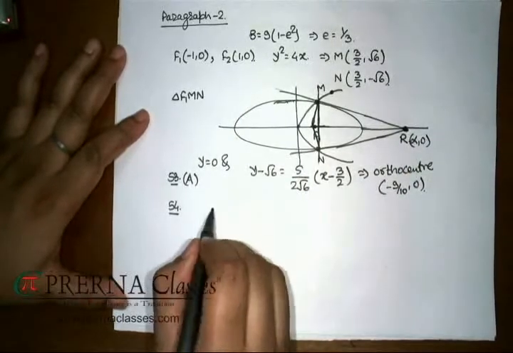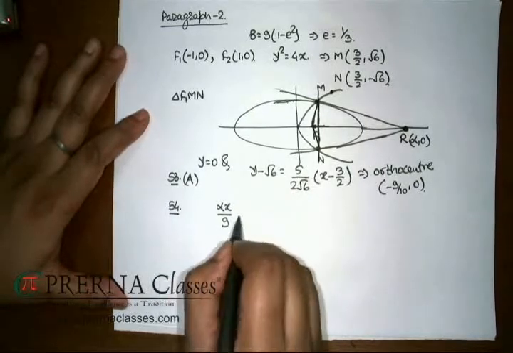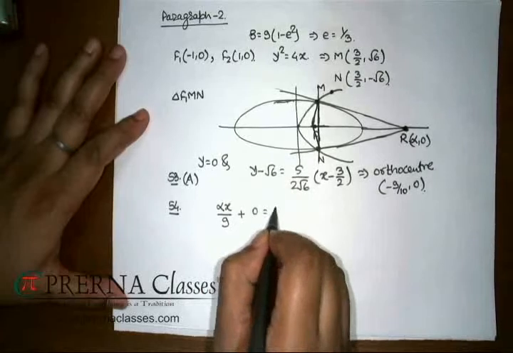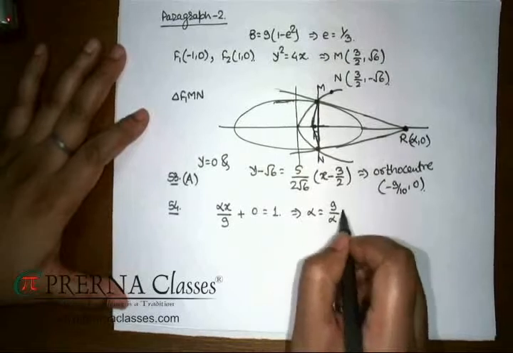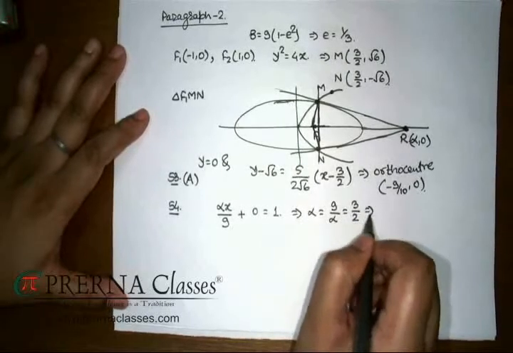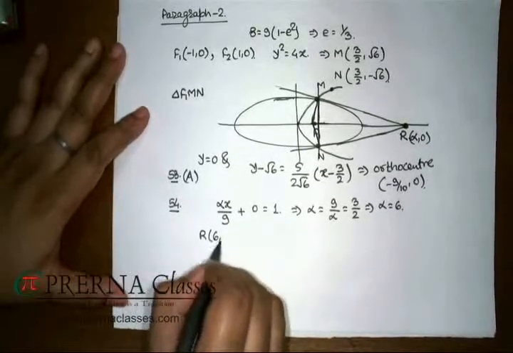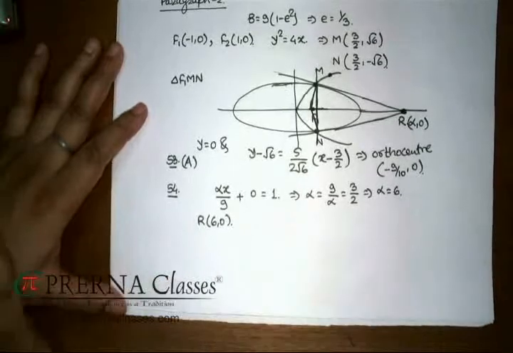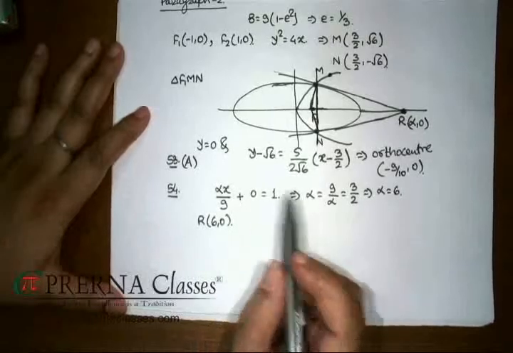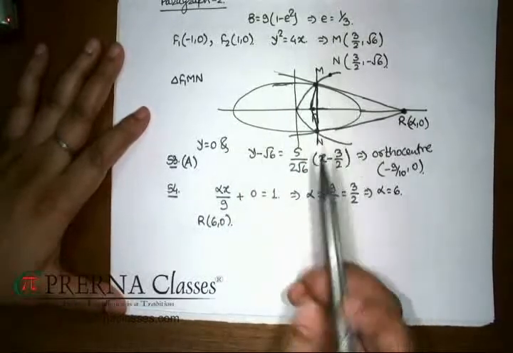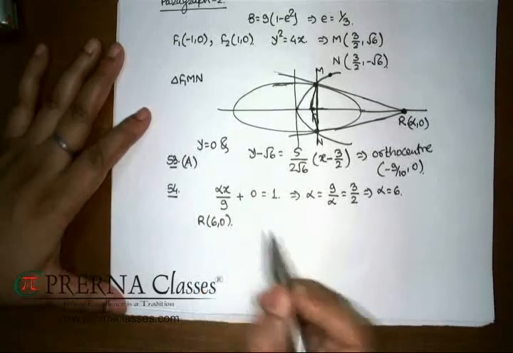If I take this as (alpha, 0), with respect to alpha, I can safely say that chord of contact is this, and this must match with 3/2. So that alpha turns out to be 6. That point R is at (6, 0). Once you know that R, the equation of tangents are known, so you can manage the equation of normal also, and hence you can then figure out the coordinate of Q.